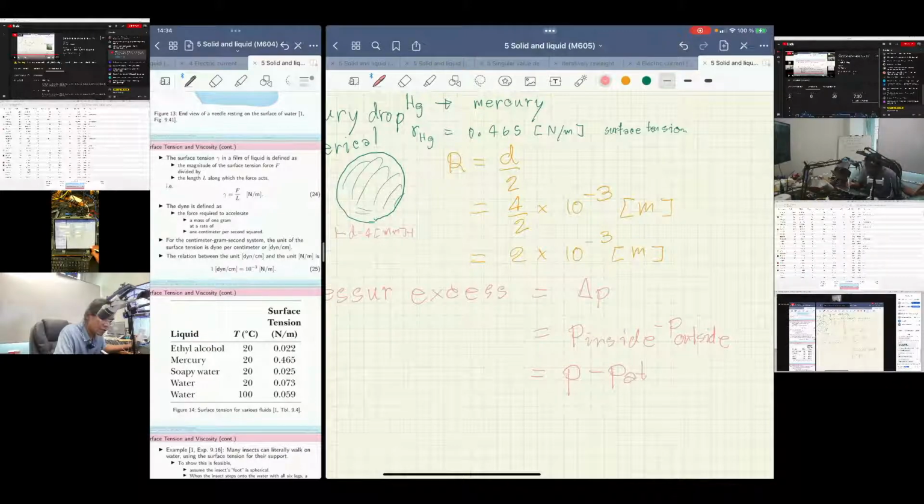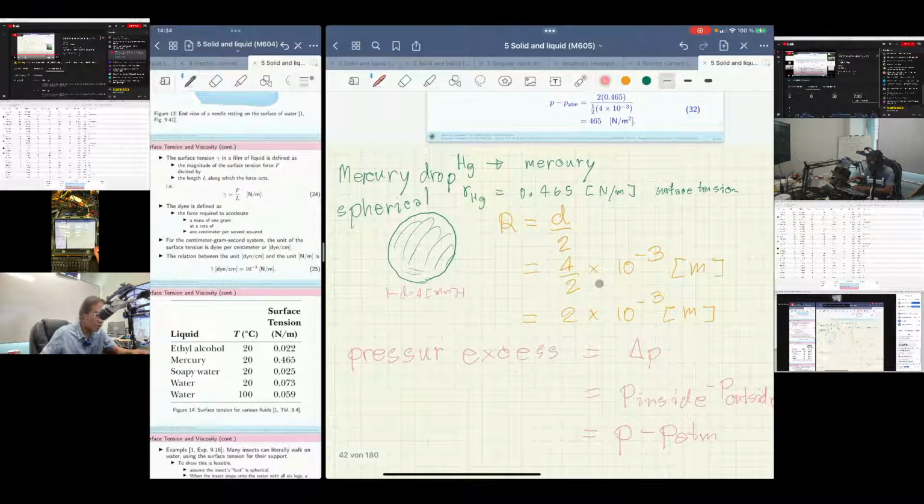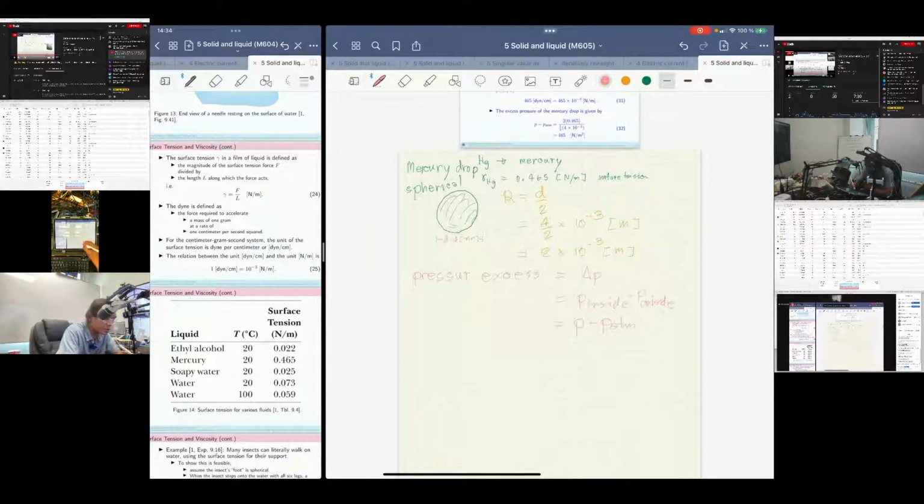But we don't get into this relation, because what they want to know in this example is only delta P.